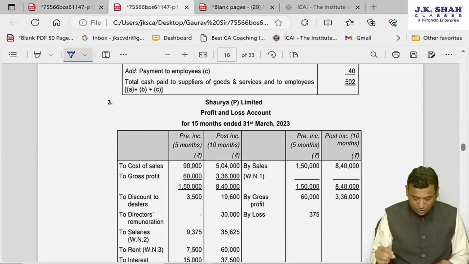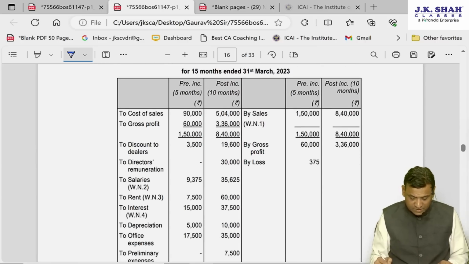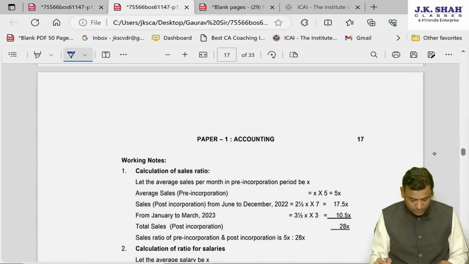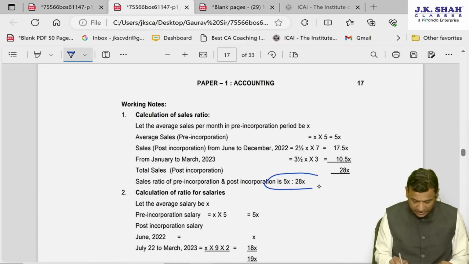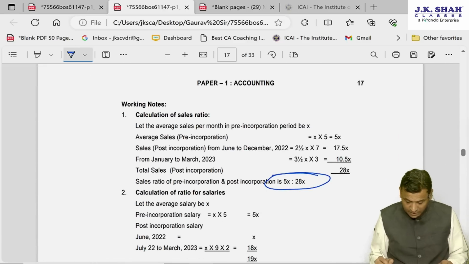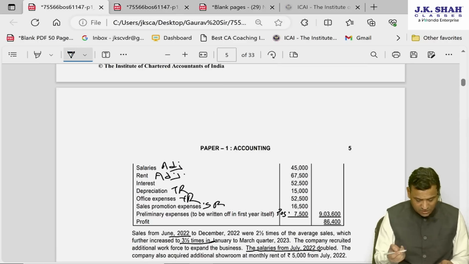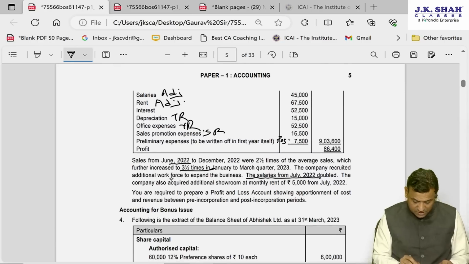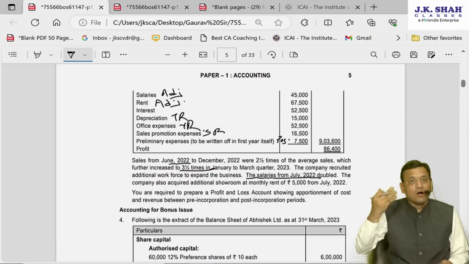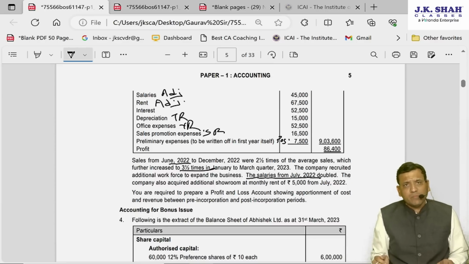Now let me jump directly to my solution part. Sales ratio 5:28, done. Now for salaries, obviously that is 5:19. You'll say, sir, let us understand. See friends, the question says the company recruited additional workforce to expand the business. The salaries from July 2022 doubled. What does it mean?